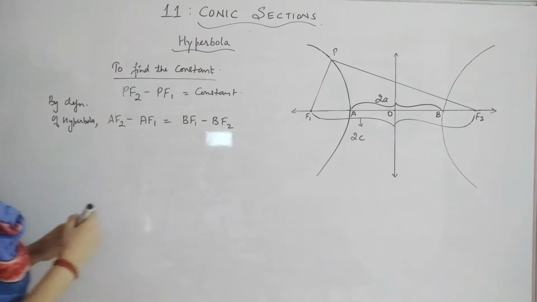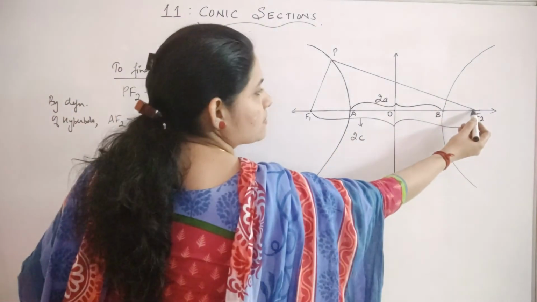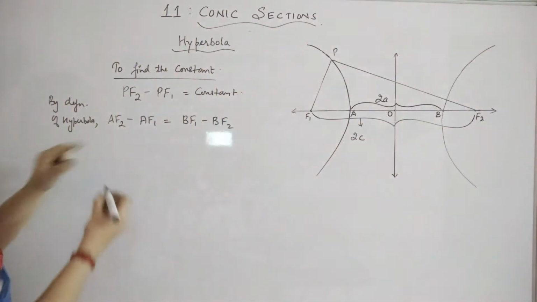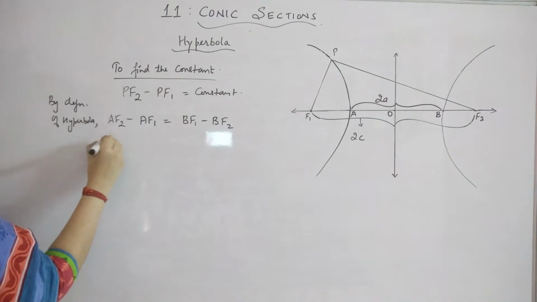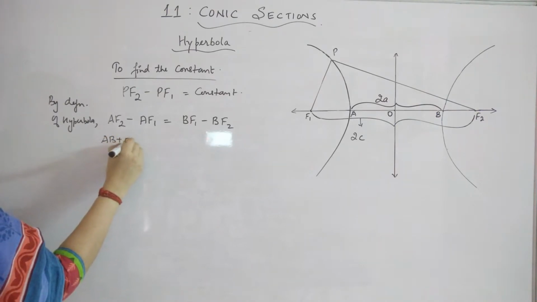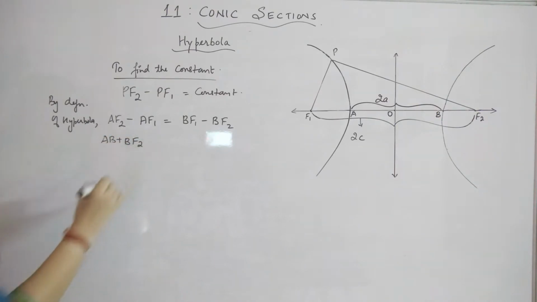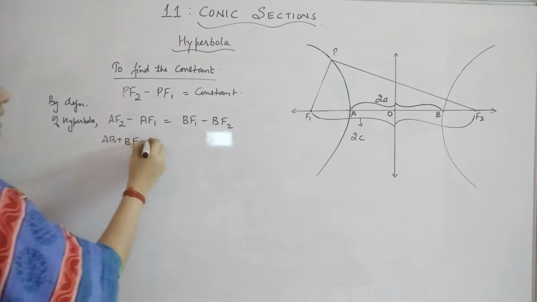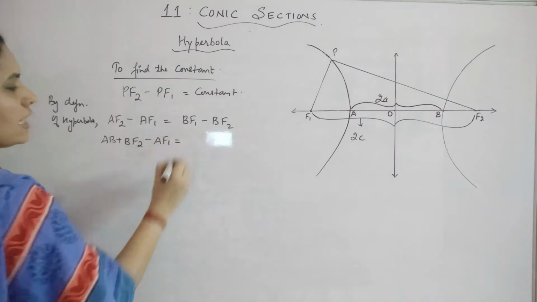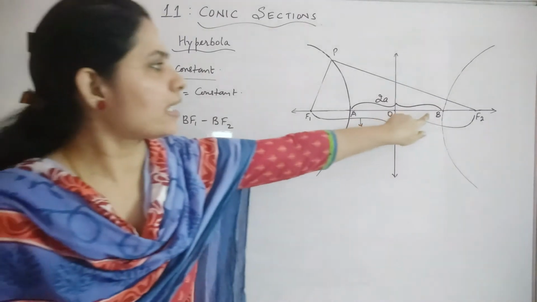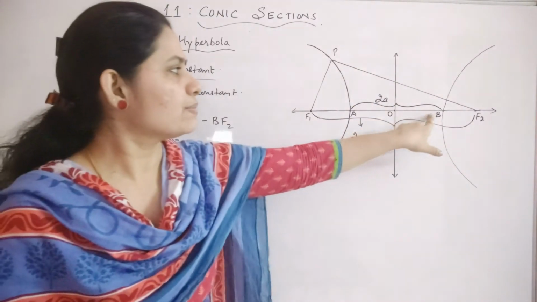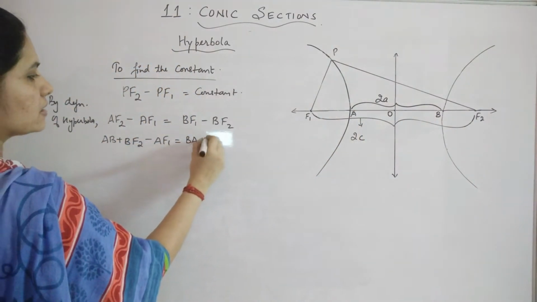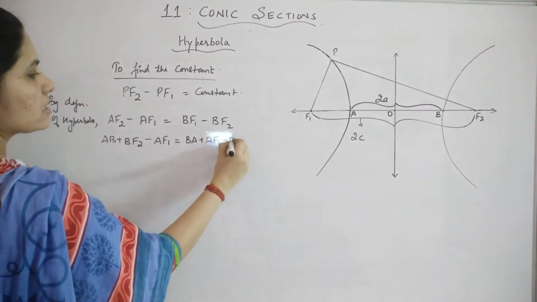What will be AF2? You just see AF2 is this much length. Now AB plus BF2 can be written as AF2. So we are replacing AF2 as AB plus BF2, minus AF1, no change. Again BF1 is this length, so we can write it as BA plus AF1, minus BF2.